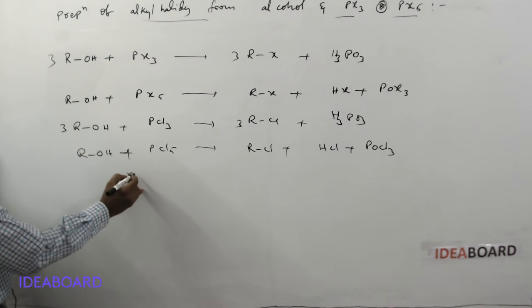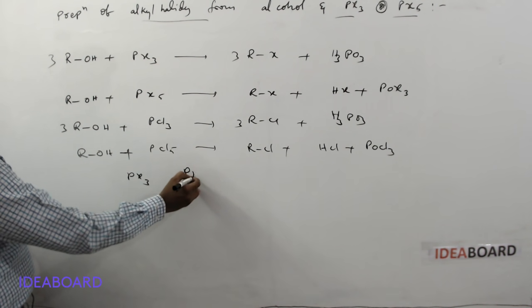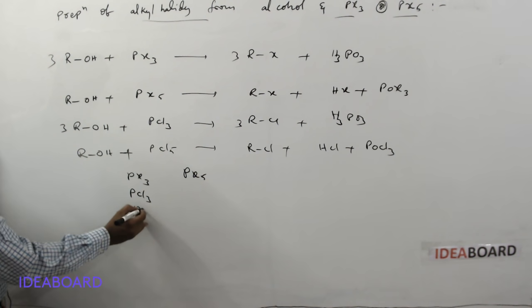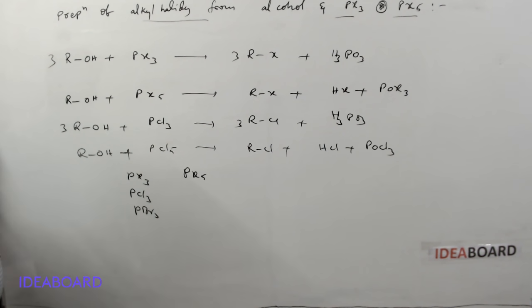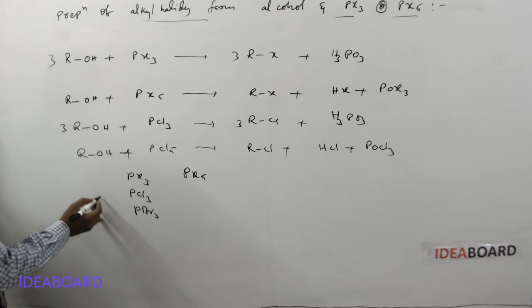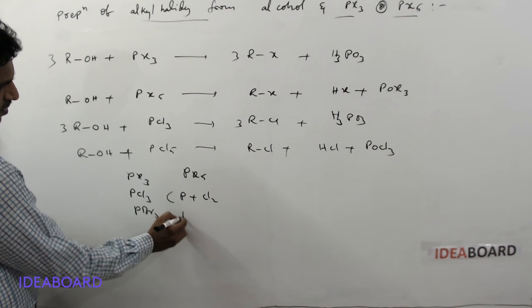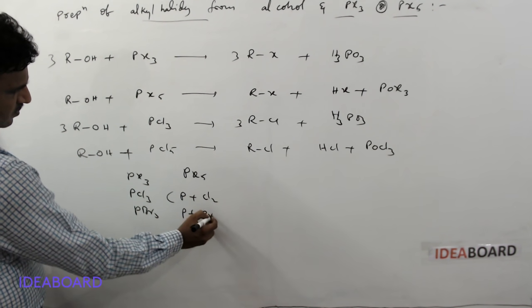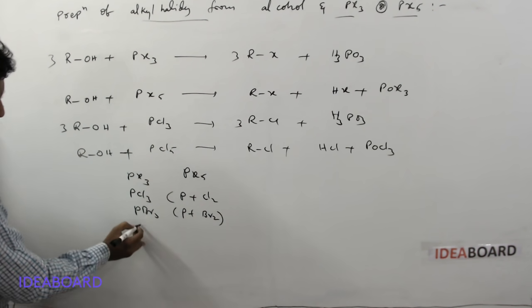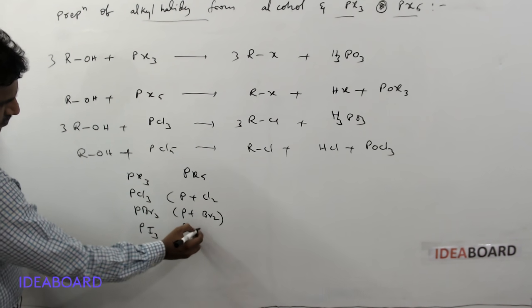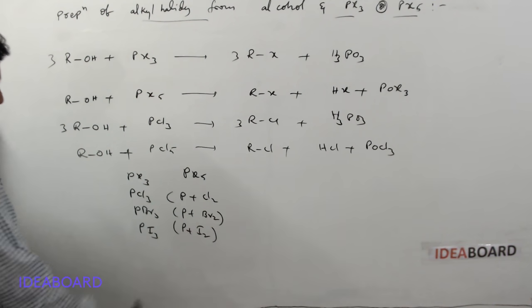If PX3 or PX5 are not directly available, suppose PCl3 or PBr3 are not directly available, then how can they be prepared? By mixing phosphorus with chlorine, or phosphorus with bromine. Or PI3 also we can use, by mixing phosphorus and iodine.